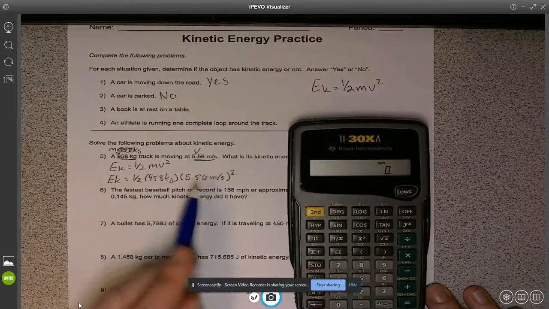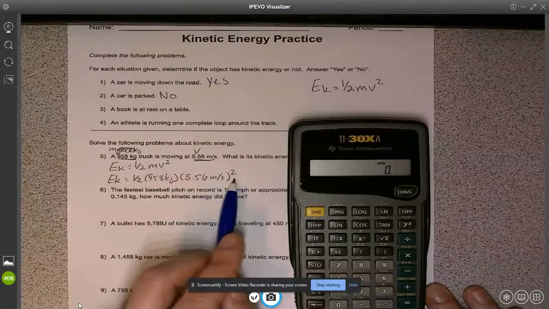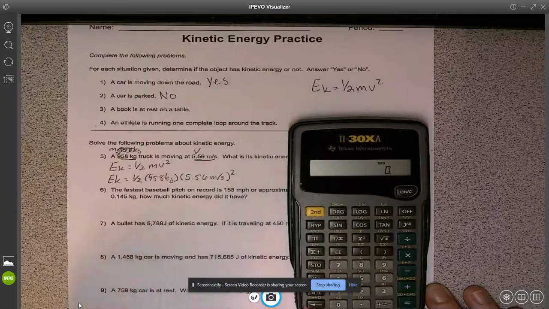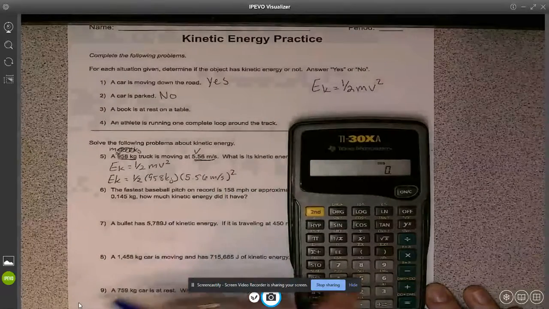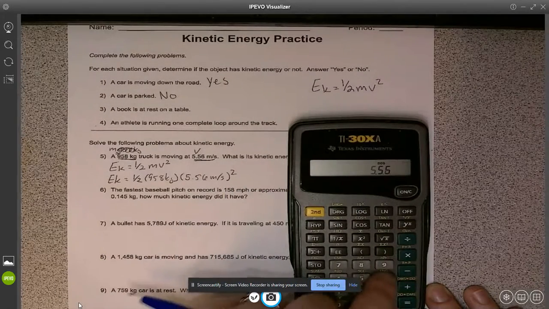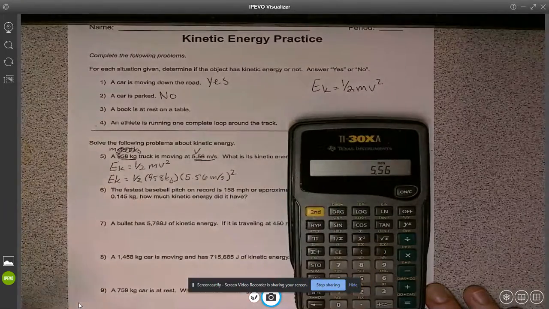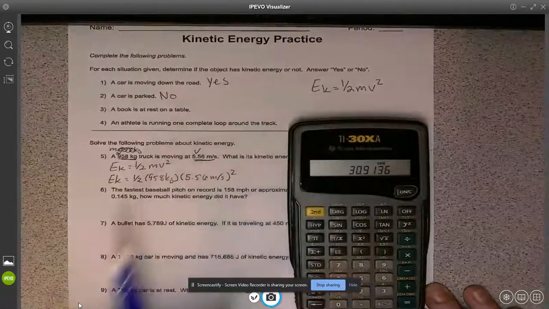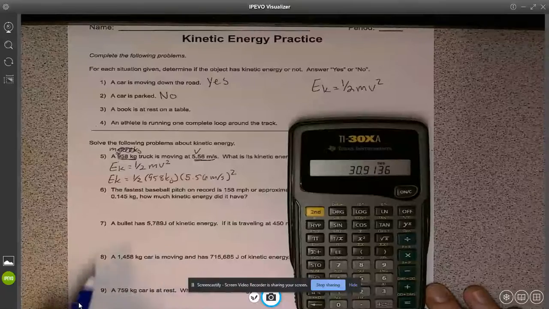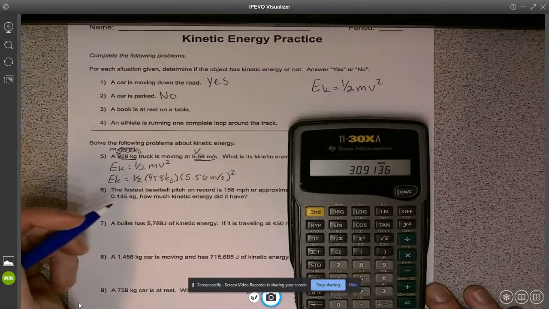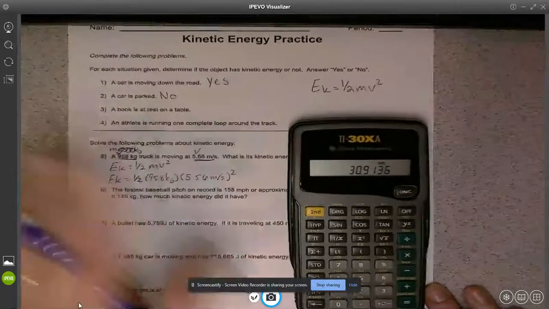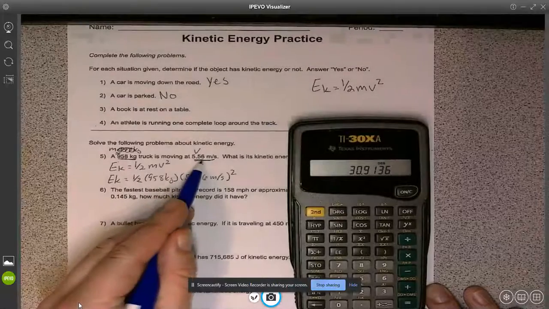The first thing I'm going to do is my velocity, just so I can get that exponent out of the way. So here we go. 5.56. You can use the square button on your calculator, or you can just multiply it by the same number. Just use square. And it's 30.91. I'm just going to cut off at the hundredths.